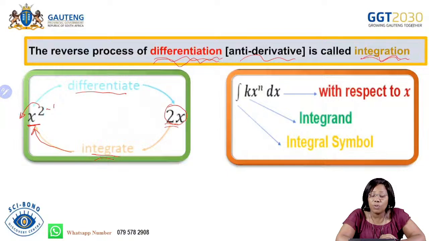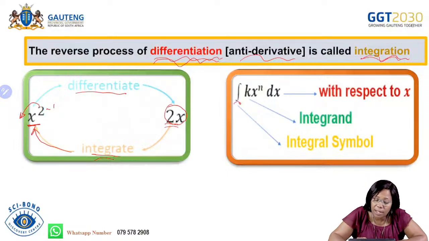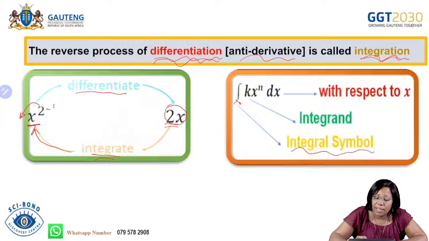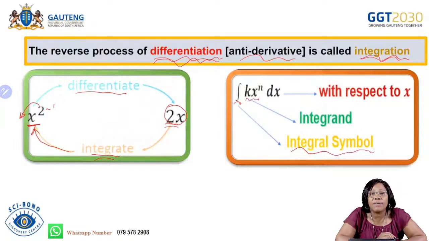Before we go to the rules, grade 12, let's understand the meaning of each part of the notation of the integral. This symbol here indicates the integral, meaning it's an integral symbol. The k x to the power n is an integrand.